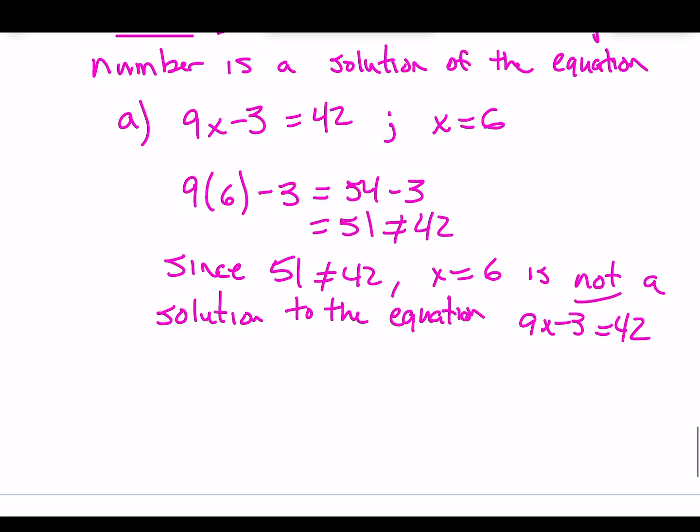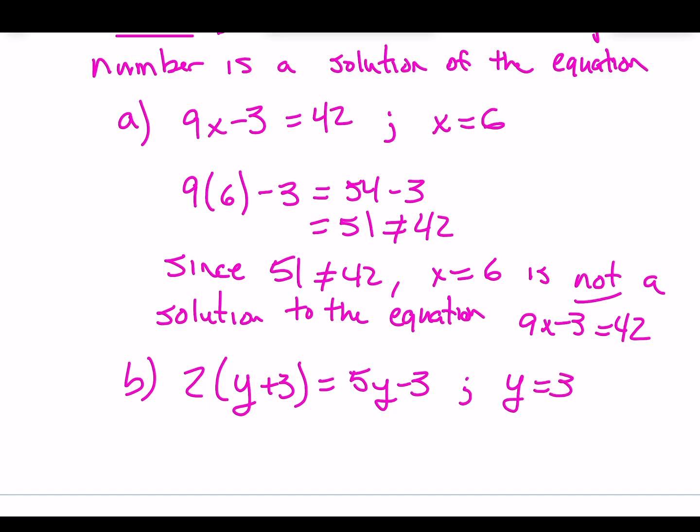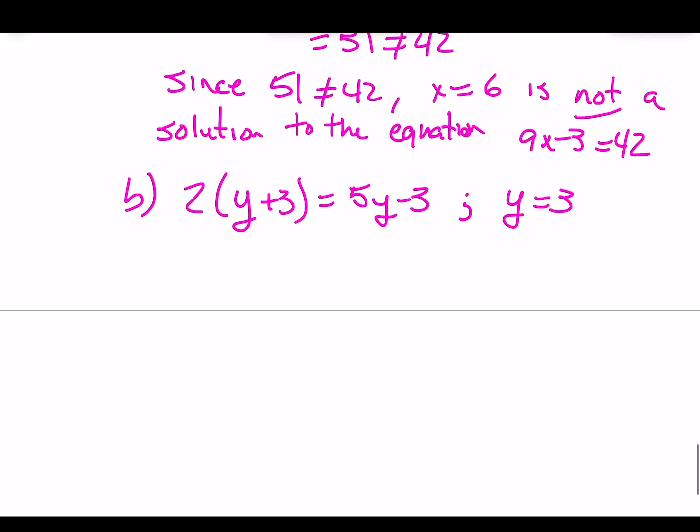Let's try another part. If we have 2 times the quantity y plus 3 equals 5y minus 3, and we want to check to see if y equals 3 is a solution. Okay, so we can plug in our y equals 3 in both places we see a y.